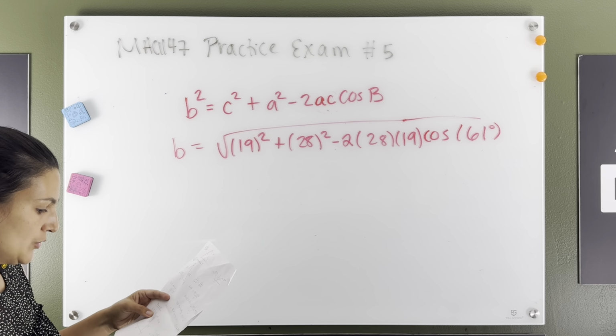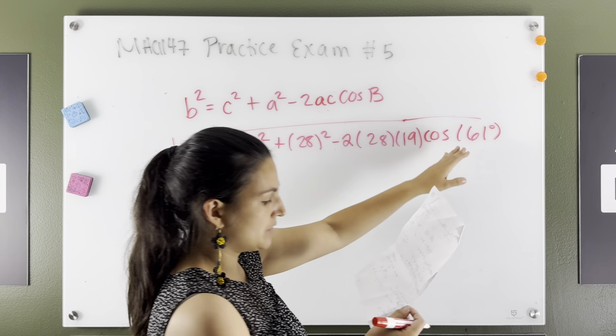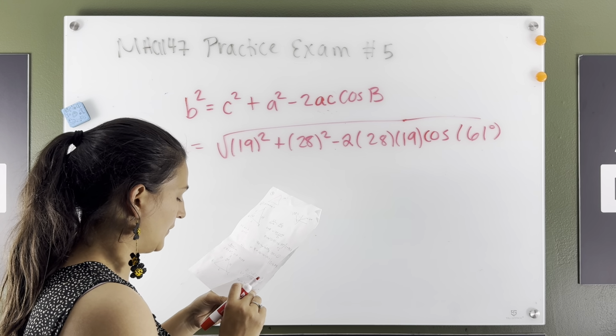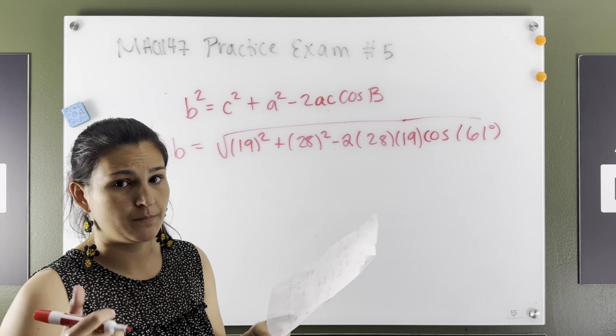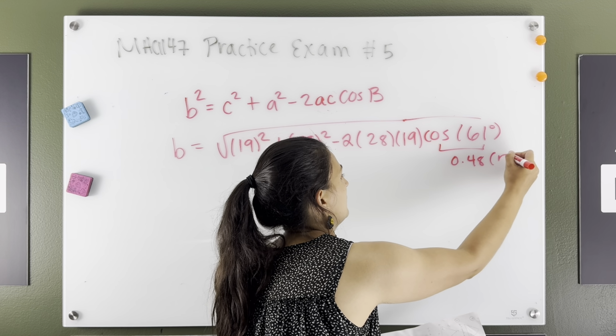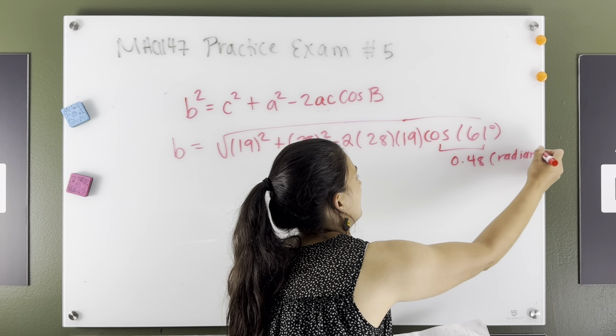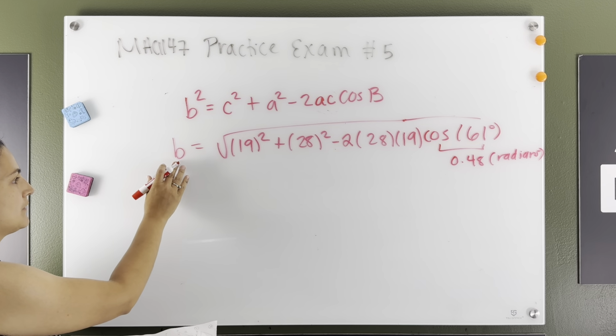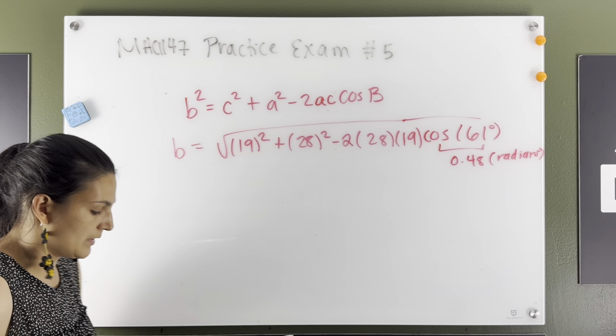So when you plug in cosine of 61 degrees, I would round it to the hundreds place, and it'd be 0.48 for the cosine of 61. Remember we want to be in degrees mode because we're trying to find the side length.